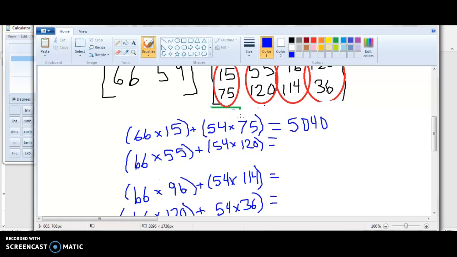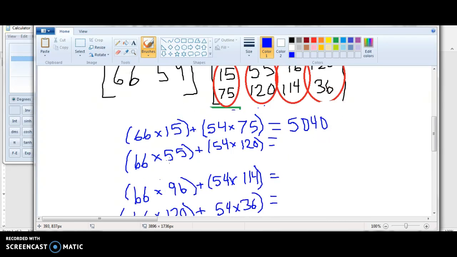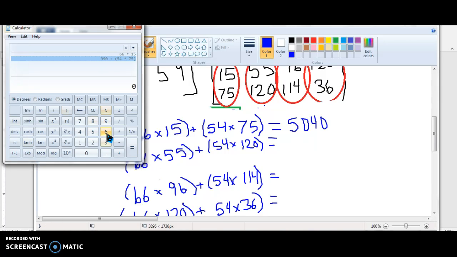In completing and putting these numbers in our parentheses, we're now going to multiply them and then add them together. So the first one, 66 times 55 plus 54 times 120.